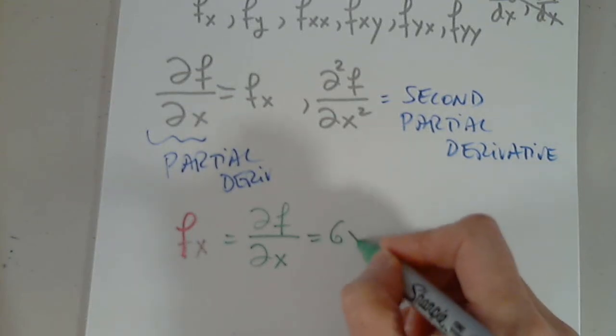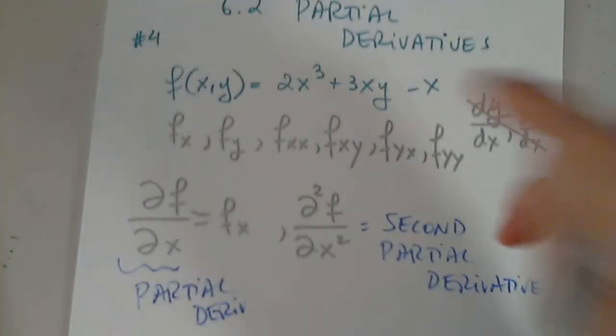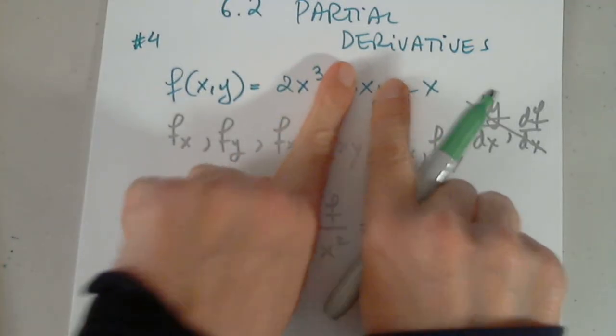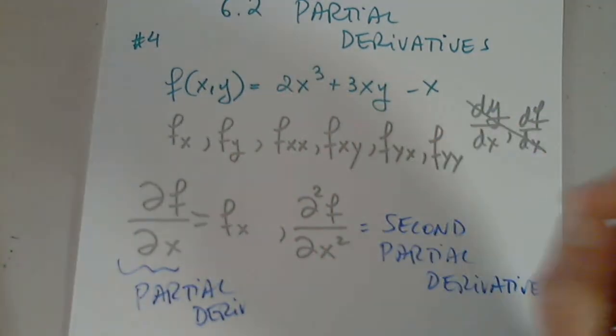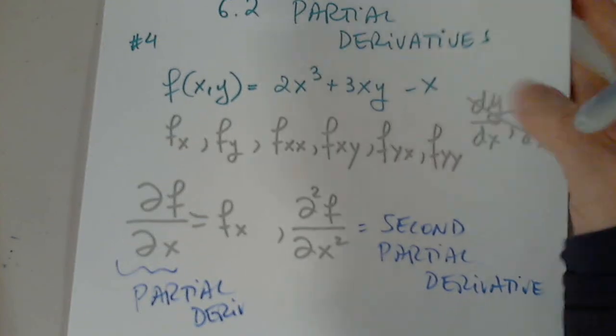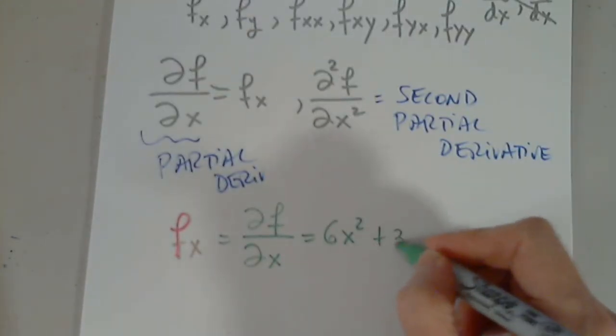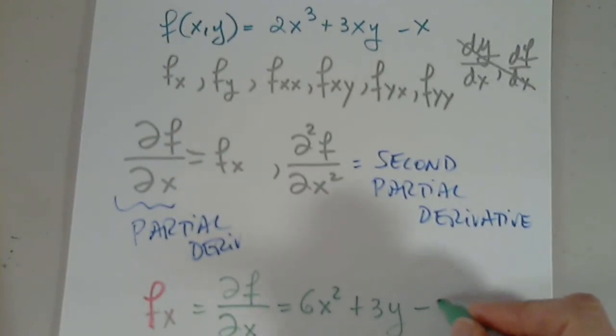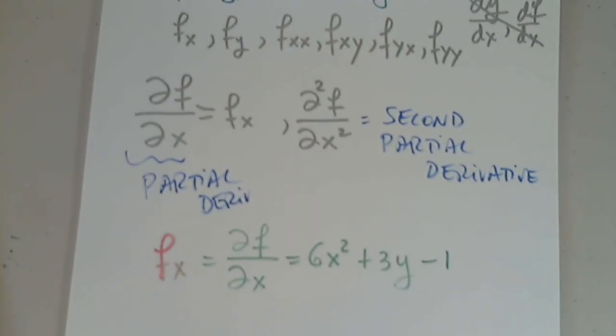This will be 6x to the second power. Here, this is fixed and this is fixed. So when I differentiate 3y, that is just a number, times x, I get just positive 3y. When I differentiate negative x, I get negative 1. Any questions?